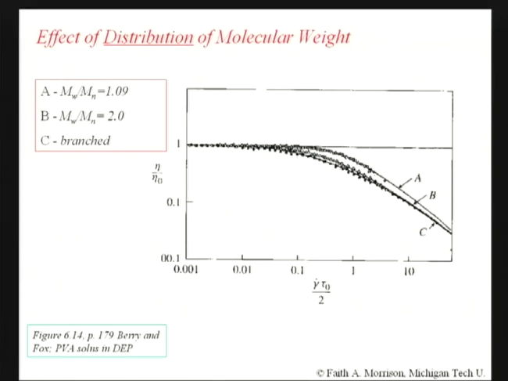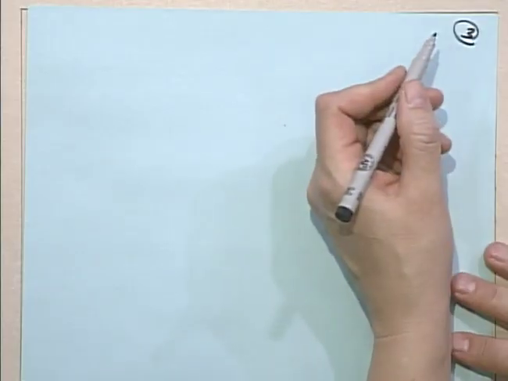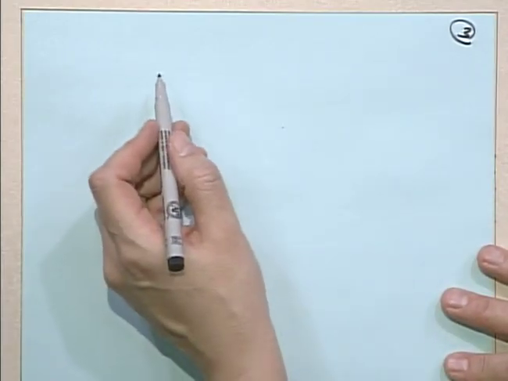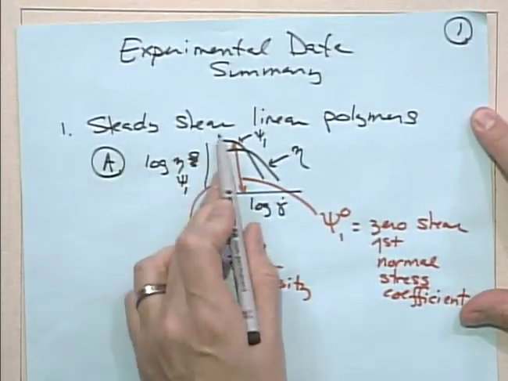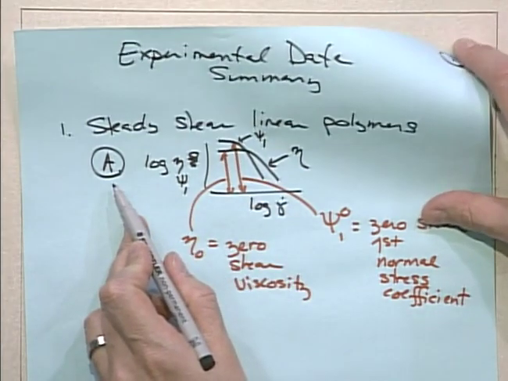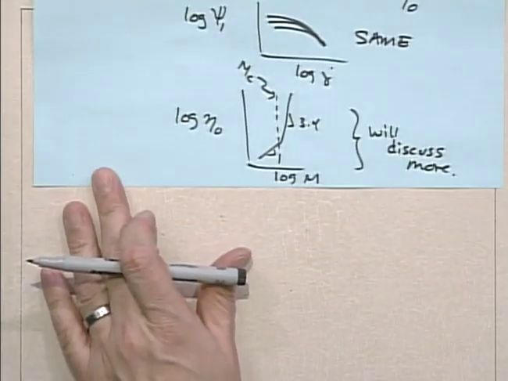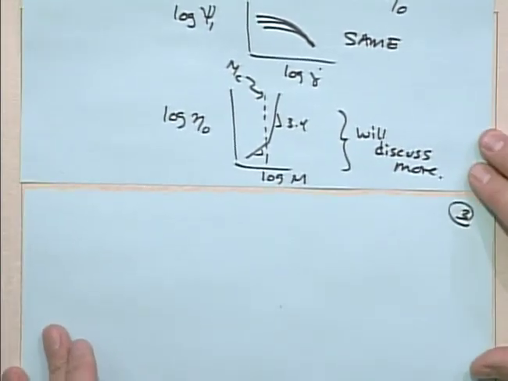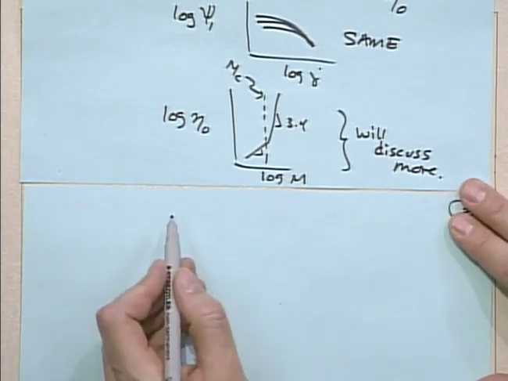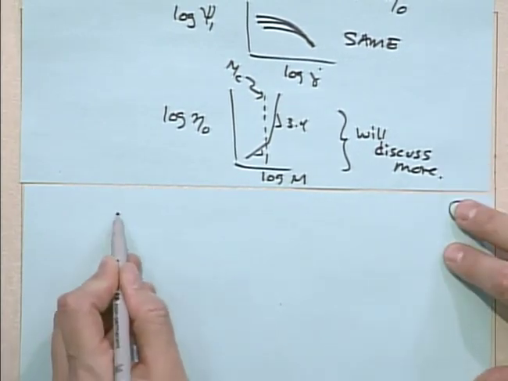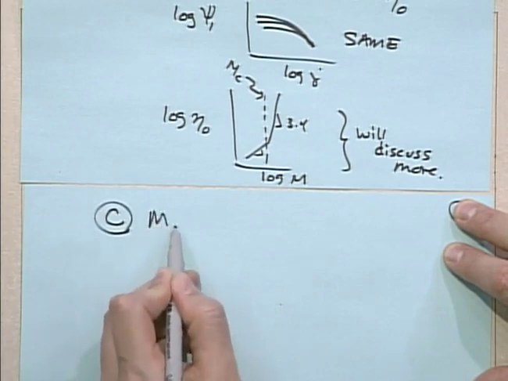Page 3 of our notes for the exam. Let me show you what I'm doing here. A was the long linear polymers. B was molecular weight effect. So I'm under molecular weight effects, and I'm going to add a third category. I'll just call it C, molecular weight distribution.